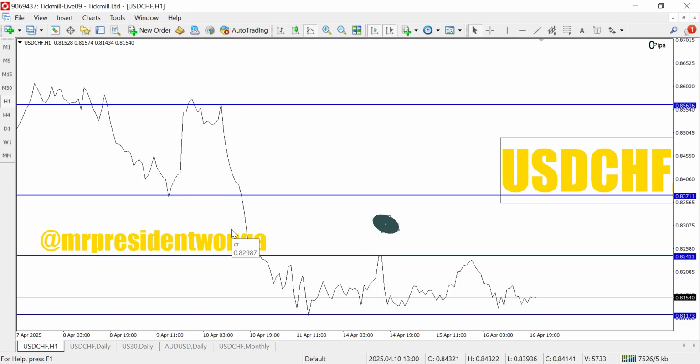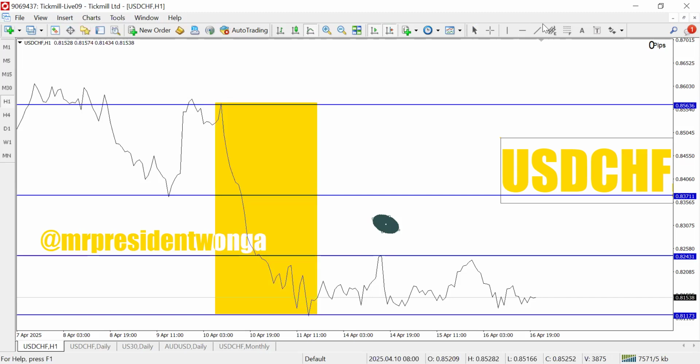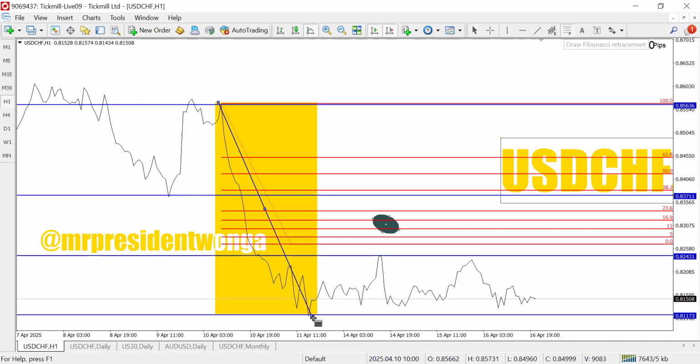So we said if the price is dropping, like in this case, the market is bearish. So the market is moving down. When I say the market, I'm talking about the price of USD versus CHF, which is dropping. What do we take? The Fibonacci. So this is a Fibonacci retracement from there towards that low.